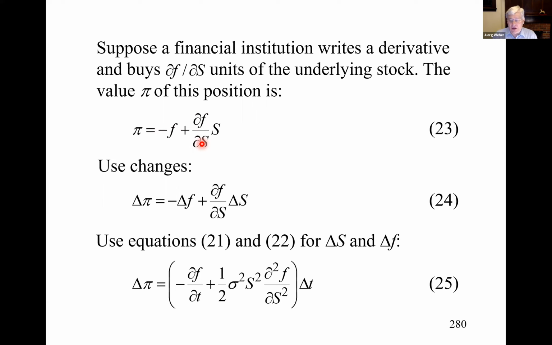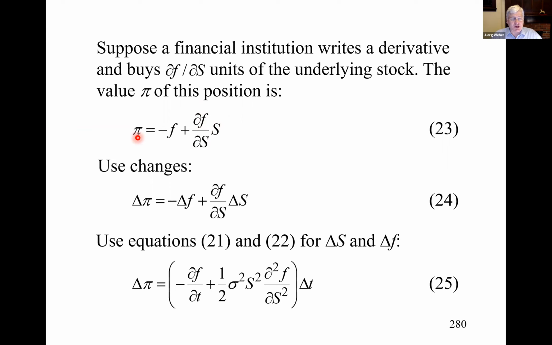Okay, let's look at what happens then to the value of our portfolio. We have written a derivative on those shares, and we bought those underlying shares delta times. That's the quantity we bought. And this gives me the value of the portfolio.